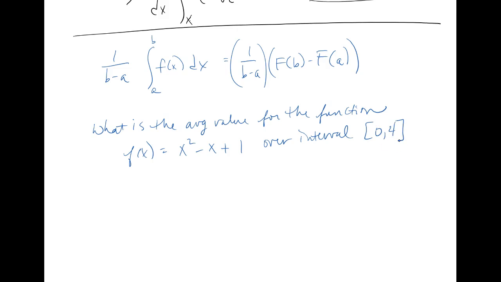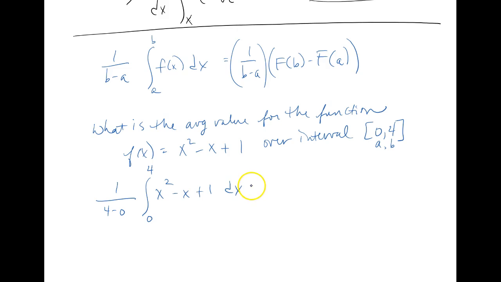So if you're asked for an average value, you're going to do exactly what this theorem says. I'm going to do 1 over 4 minus 0, because of course these are your a and your b. I'm going to put my 0 here, my 4 here, and I'm going to solve.